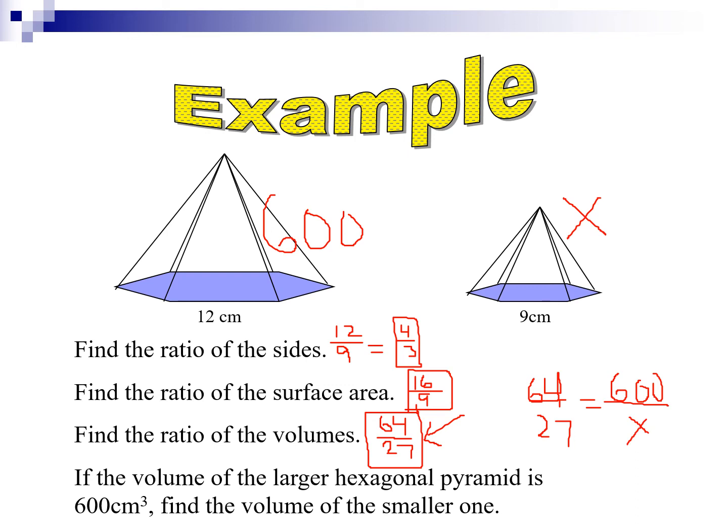Do a little bit of cross multiplication. You should get 64x is equal to 16,200.